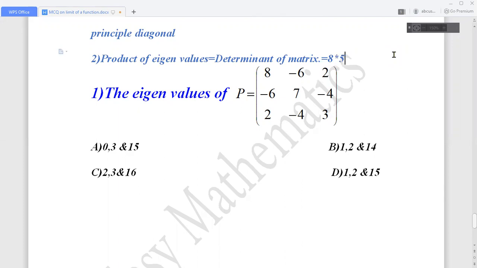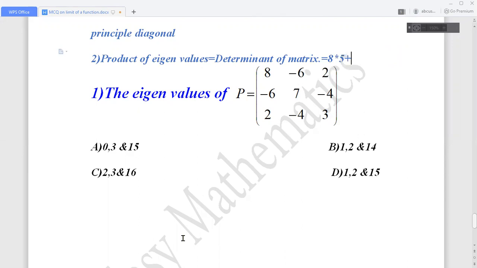And we have to take the negative sign for this negative 6. Negative times negative 6 will give the positive sign. Then let's calculate the minor of this 6.